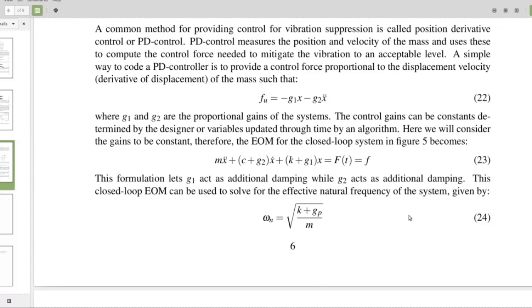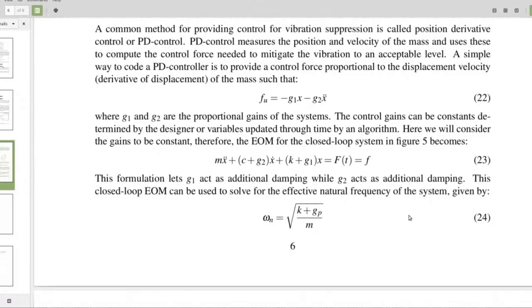Therefore, the equation of motion for the closed loop system in Figure 5 becomes equation 23: mx double dot plus (c plus G2) x dot plus (k plus G1) x. Now we can see that we can add synthetic damping by adjusting G2, and synthetic stiffness by adjusting G1.